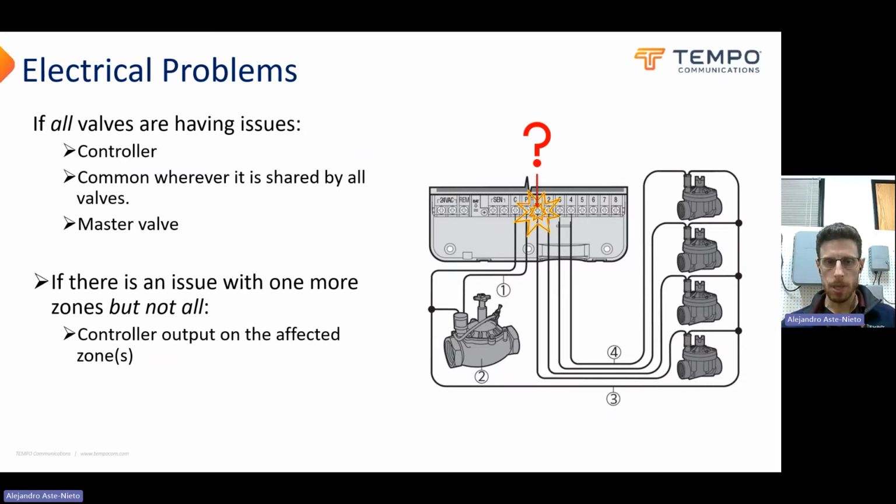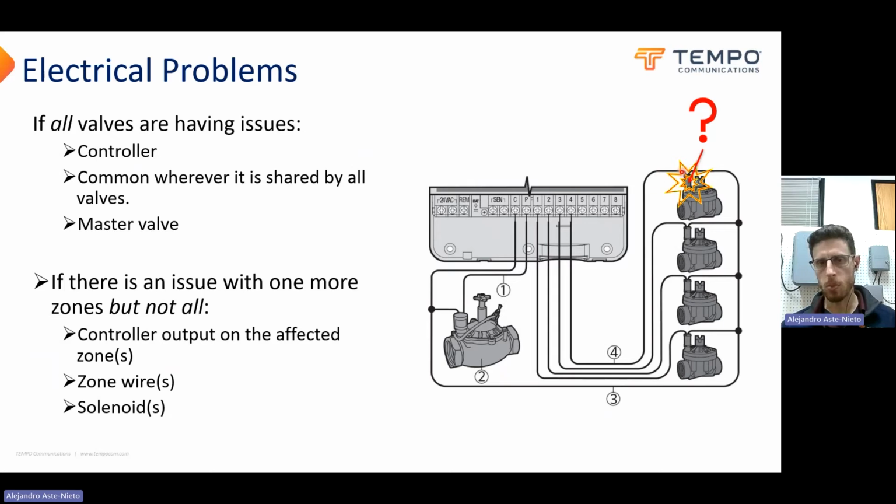So it could be just one of the ports on the controller, one of the terminals here isn't getting voltage or not getting enough voltage. Could be one of the zone wires is damaged. Could be one of the solenoids is bad. I don't think I listed it, but it could be the splice from this wire to the solenoid.